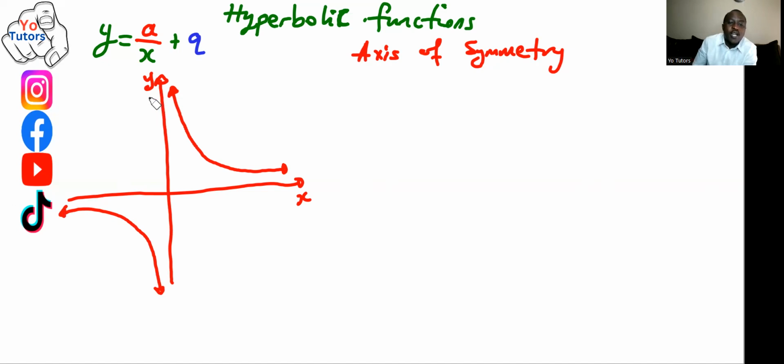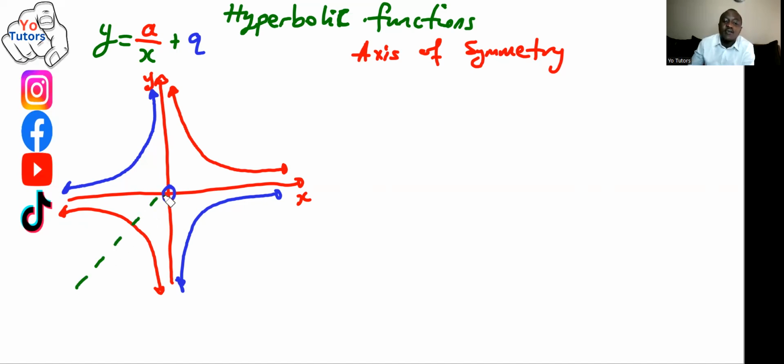Let's also look at the one for the negative, where a is negative. Now, in this case, what we need to understand is that the axes of symmetry are the lines that divide your graph into two mirror images.